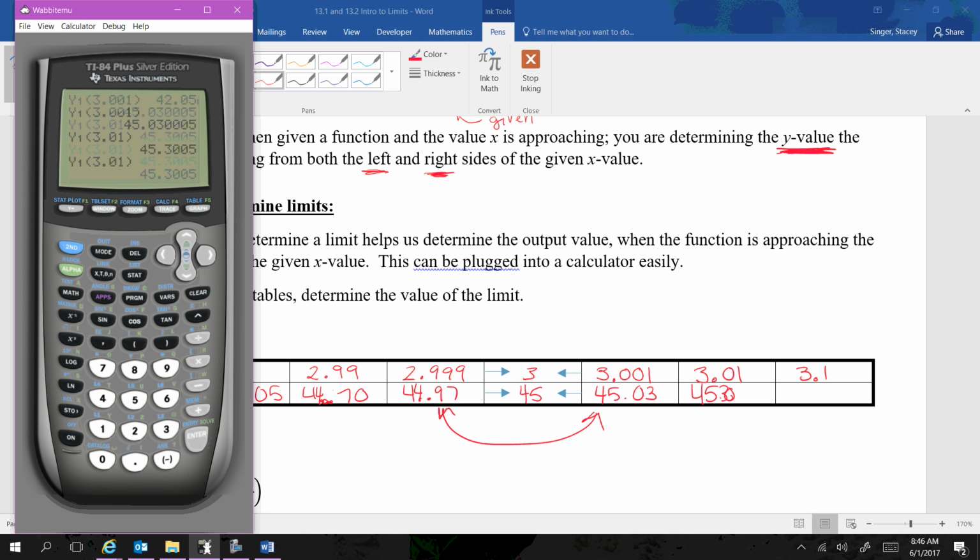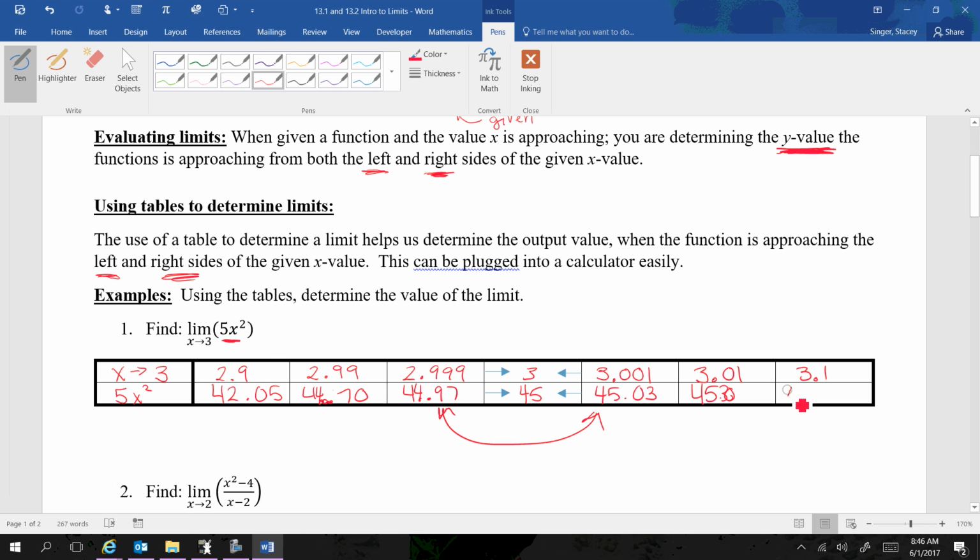Oh, stop hitting the wrong buttons. I get 48.05. So these last two, depending on how large you make your table, should always be the furthest away, and you're getting slowly closer to some value that's in between these ones that are right next to it.